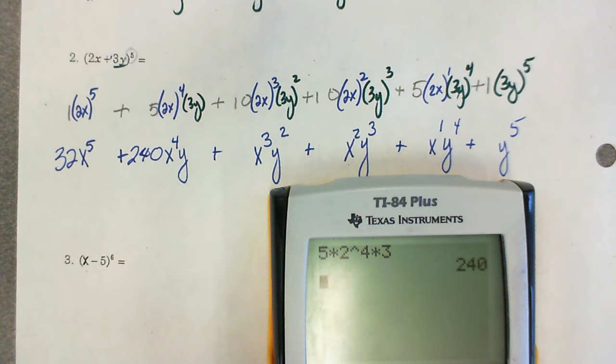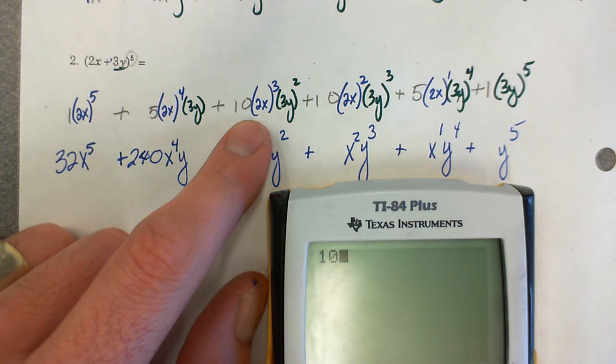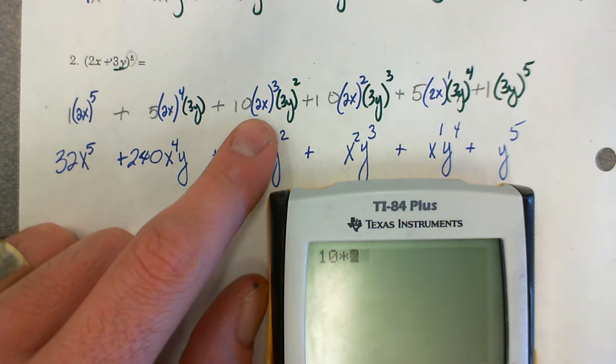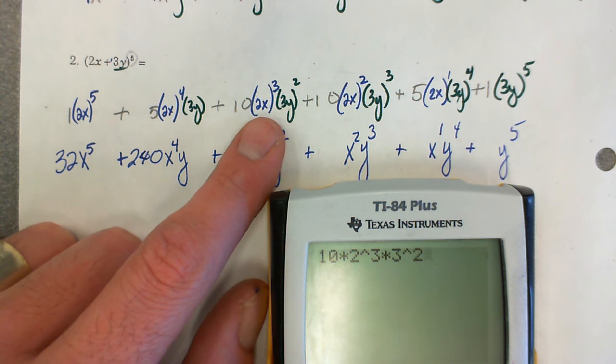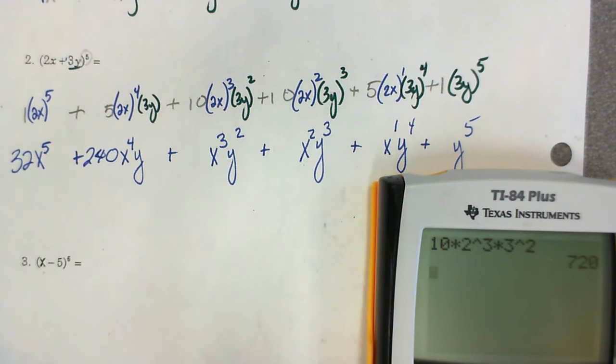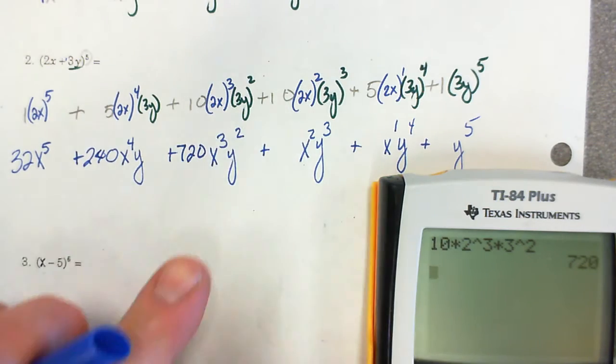So this is 240. The next one, we've got 10 times 2 to the power of 3 times 3 to the power of 2. Multiply that out, you get 720. So this is 720.